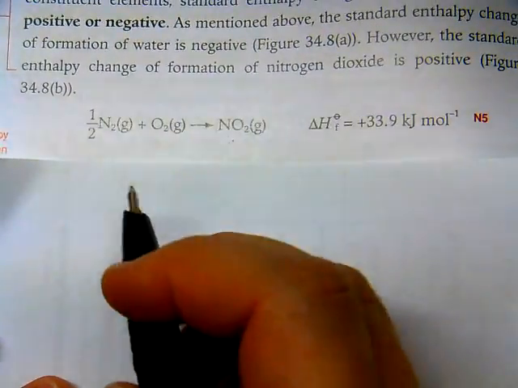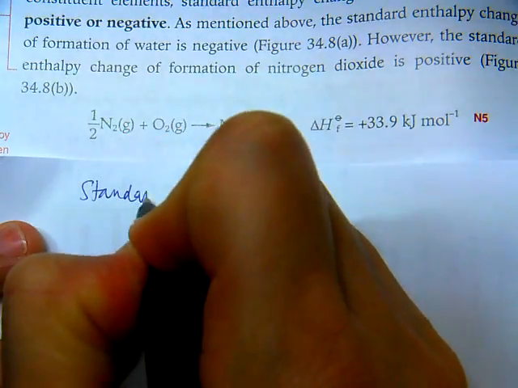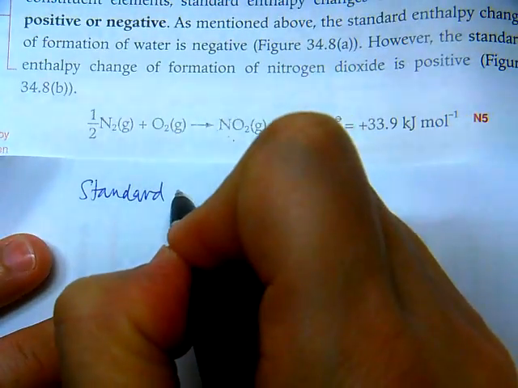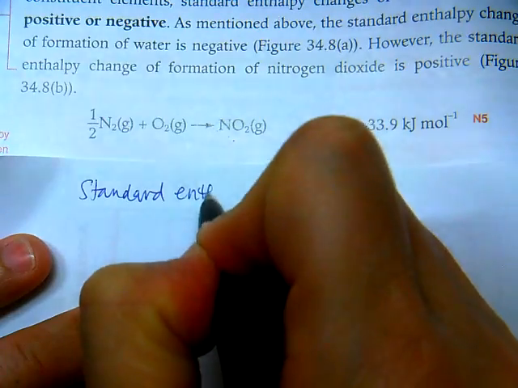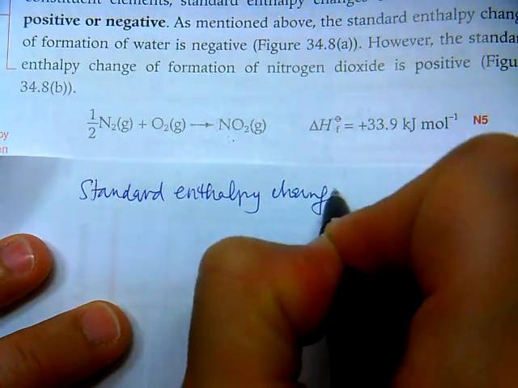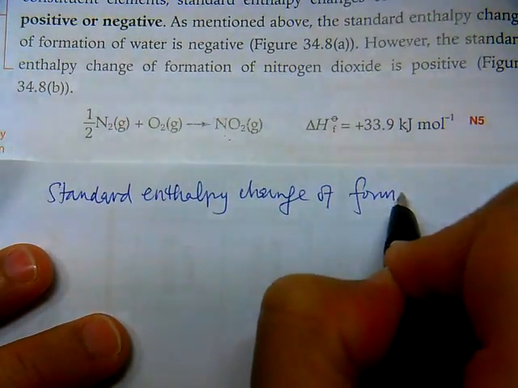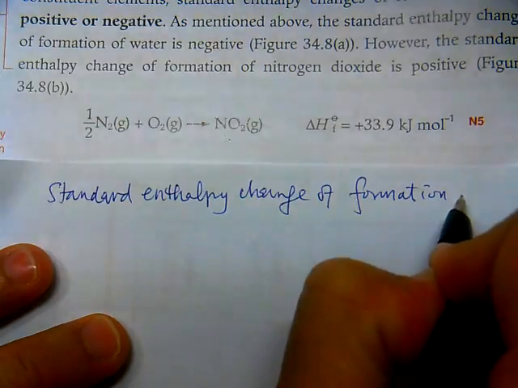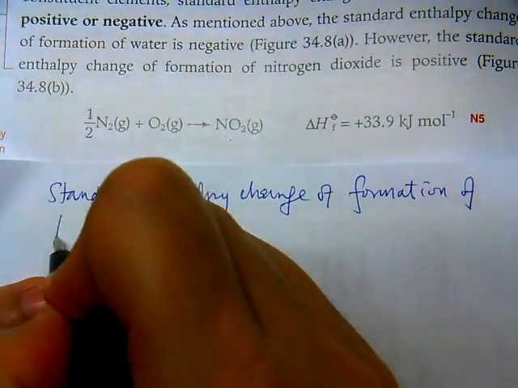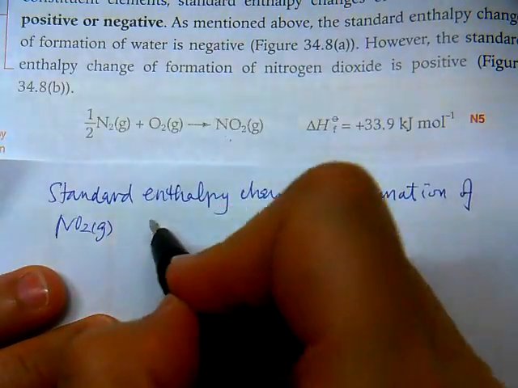Okay? Now let's write down the term for this enthalpy change. It is called standard enthalpy change of formation of NO2. Bear in mind, states are very important.